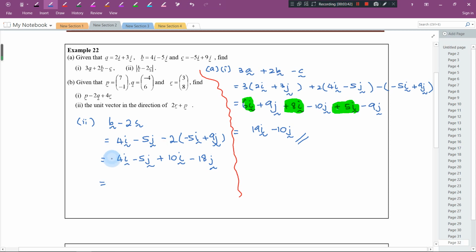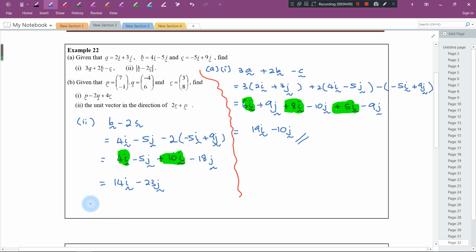Okay, so 4i plus 10i, you will get 14i, and then negative 5 minus 18 is equal to negative 23j. Okay, so this is the vector for b minus 2c, and the question is asking about the magnitude.